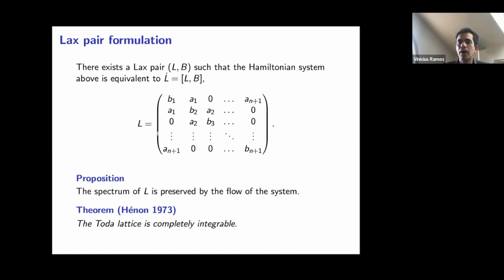This is not obvious from the spectrum, but it is true that if you look at, for example, the coefficients of the characteristic polynomial, they're all independent. That's what it means to be completely integrable. You have these quantities that are preserved by the Hamiltonian flow, and these quantities are independent of each other.